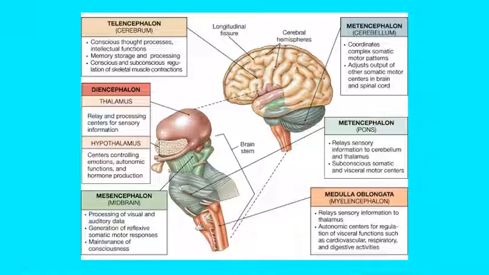So the medulla and the metencephalon can be classified as the hindbrain, the mesencephalon, the midbrain, the diencephalon, and the telencephalon can be classified as the forebrain.